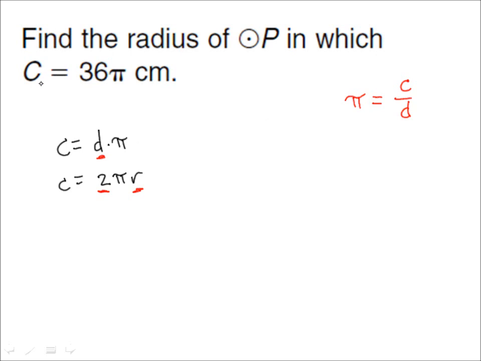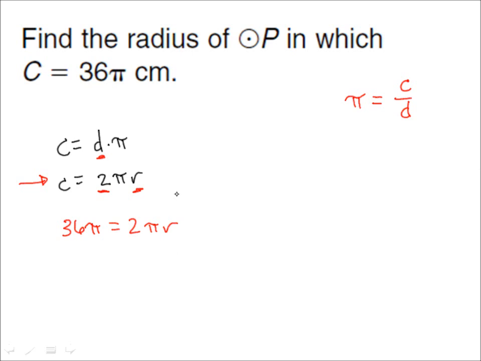So anyways, I know that the circumference, C, is 36 pi, and I know that the circumference is equal to 2 pi r, so I'll write 2 pi r. And I'm just asked to figure out what the radius is.